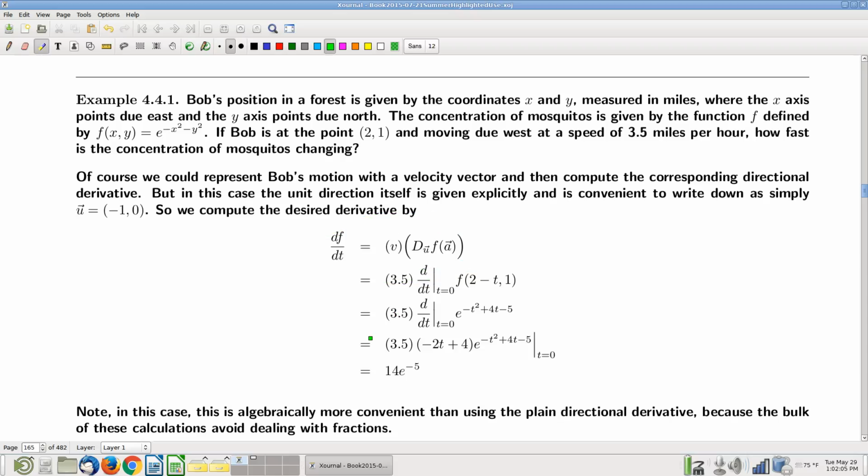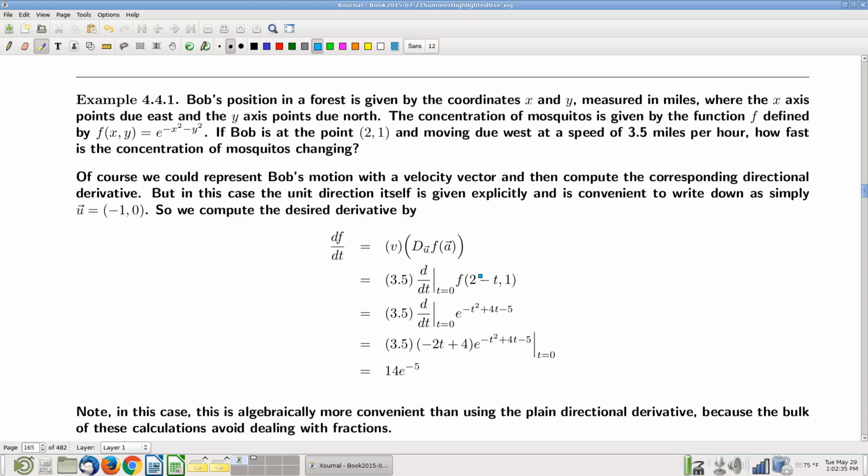Notice that your A plus TU, so your A is the point 2, 1. Well, you're going to get a minus T in the first coordinate, nothing in the second coordinate because of what the U vector is. And now it's just a little pluggy-chuggy calculation.